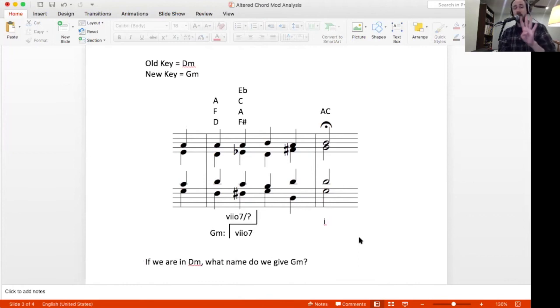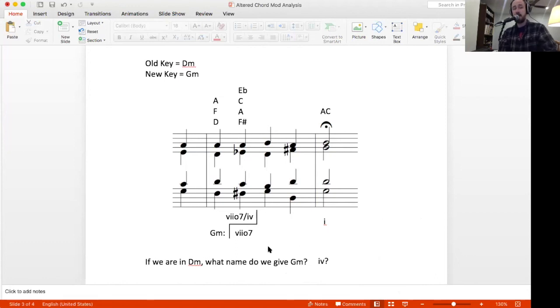We call it 4, right? If we are in D minor, we would call G minor 4. And so we're going to label this as 7 fully diminished 7 of 4.